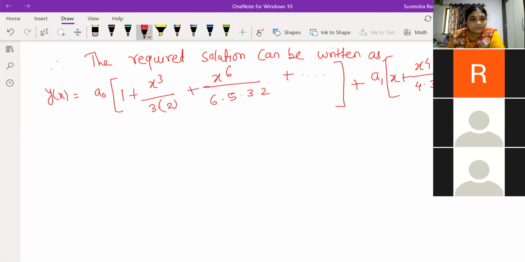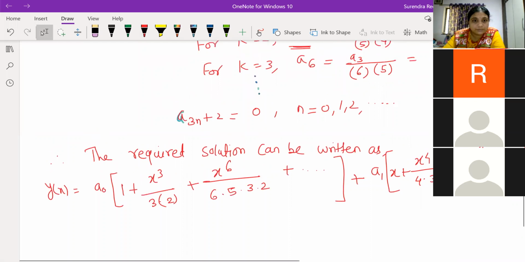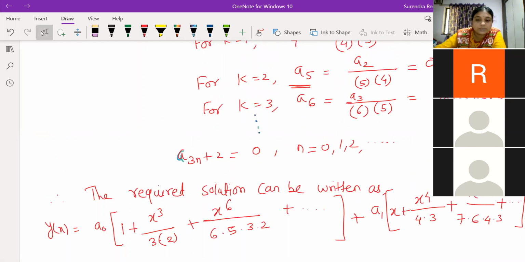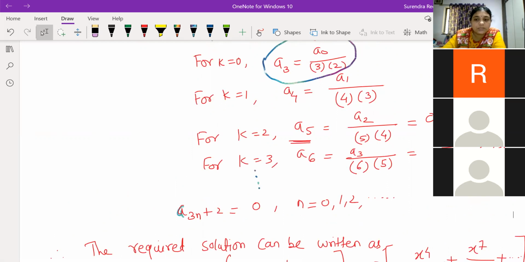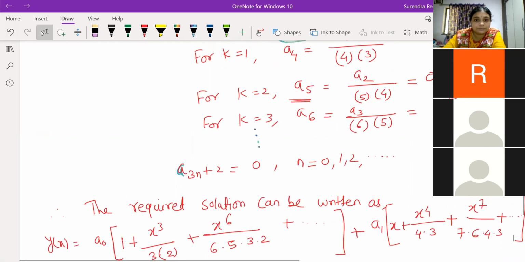And whatever A2 terms are there, they are already 0. Here you can see A3n plus 2 terms are 0 because A2 is 0. So only these terms will remain.